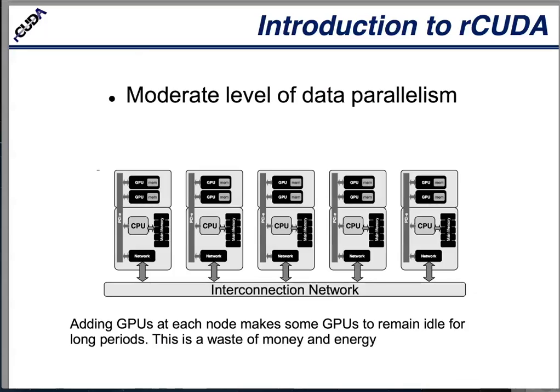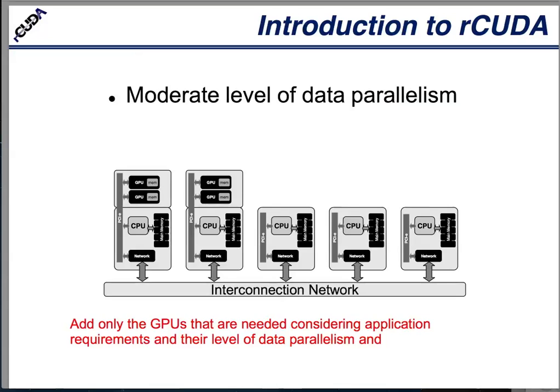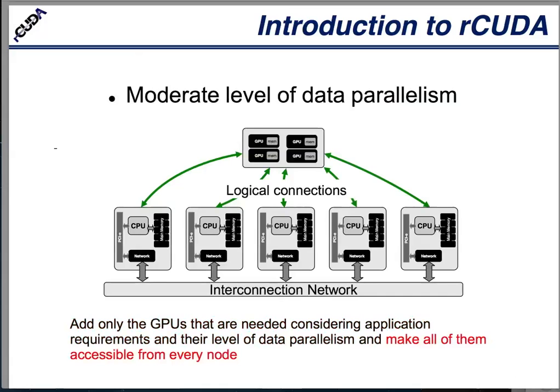That is, considering the application requirements and the level of data parallelism in this application, you add the GPUs that you will need in this cluster, and put a middleware in that with logical interconnections to make this GPU accessible from every node in the cluster.